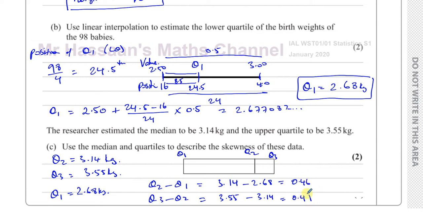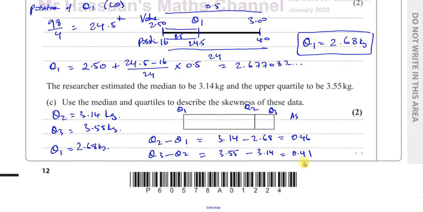So we can justify this by saying, as I'm doing something which I shouldn't really do, but I'm going to continue down here. Really I should go to the next page, I'll just stick it in here. You can say as Q2 minus Q1 is greater than Q3 minus Q2.